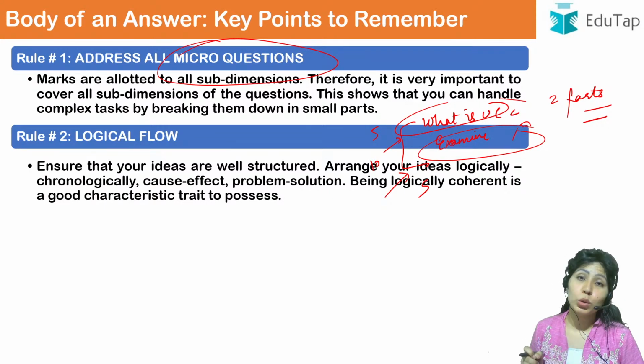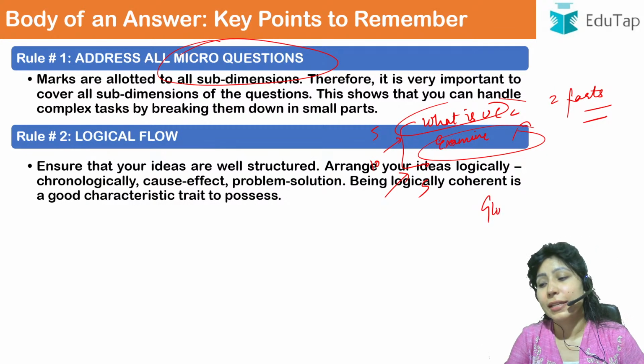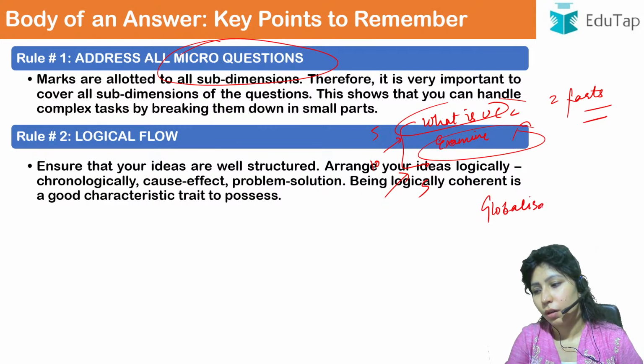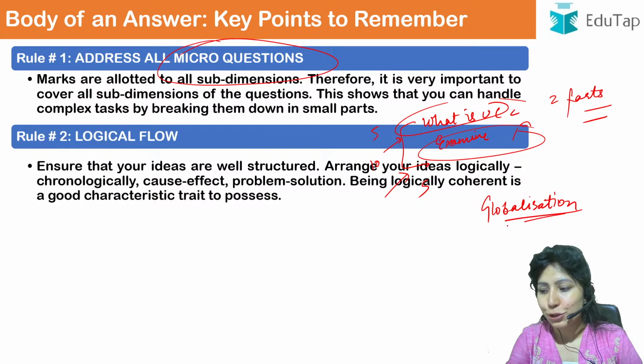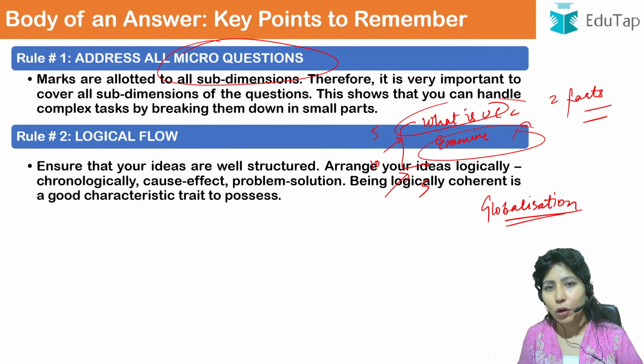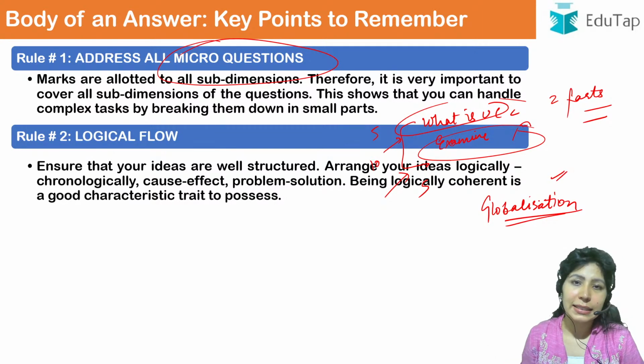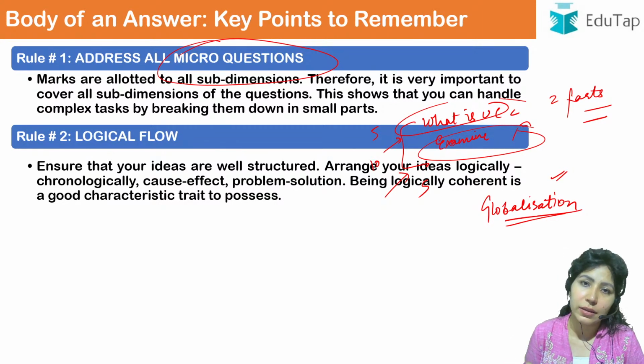That will be most important for you. For example, if we talk about effects of globalization on India, yes, you could start by talking about effects of globalization after 1947, after 1991, but it would be good if you give a recent example in the starting of the answer itself.